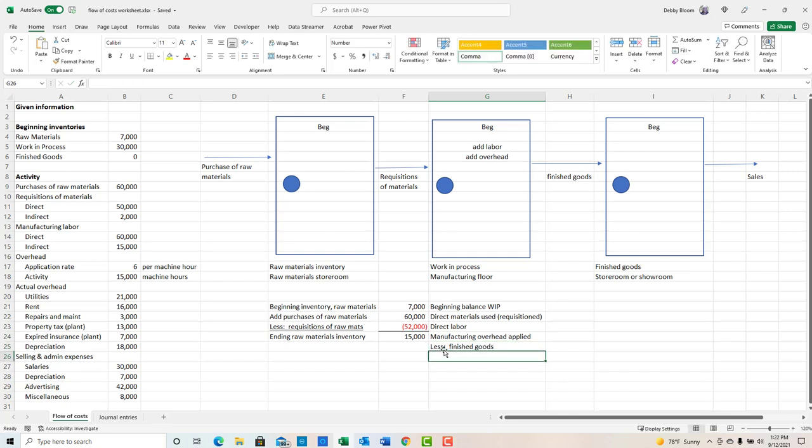And I didn't write it down in the problem to the left, but in the problem we were told that one job was finished. Job A was finished at a cost of $158,000. So if we subtract those goods that are finished, we're going to come down to our ending work in process balance.